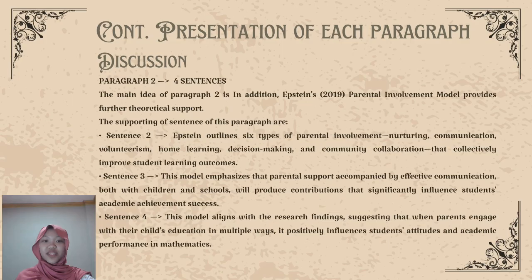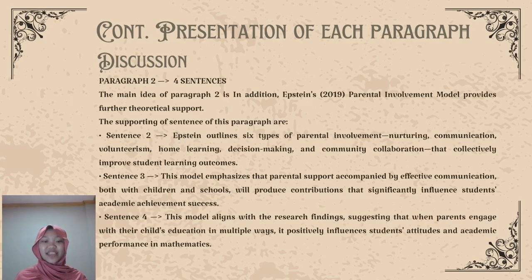The supporting sentences of this paragraph are: sentence 2 tells us that Epstein outlined 6 types of parental involvement: nurturing, communication, volunteerism, home learning, decision-making, and community collaboration that collectively improve students' learning outcomes.